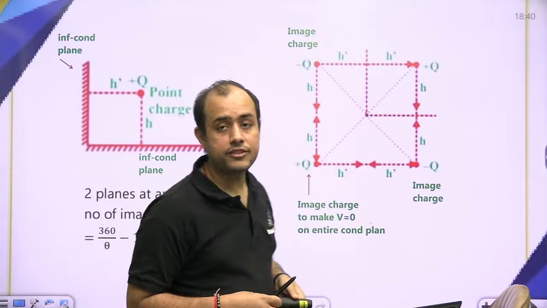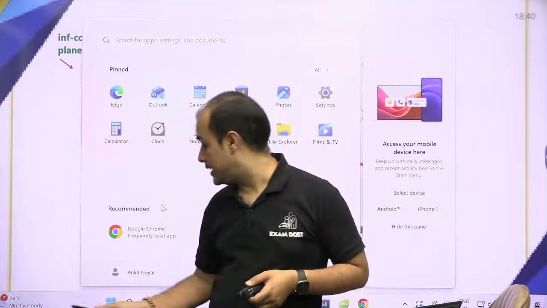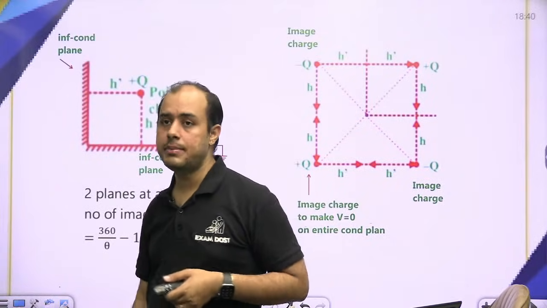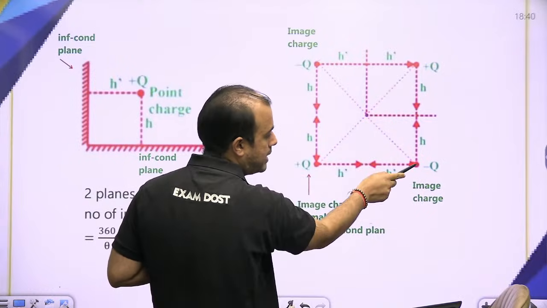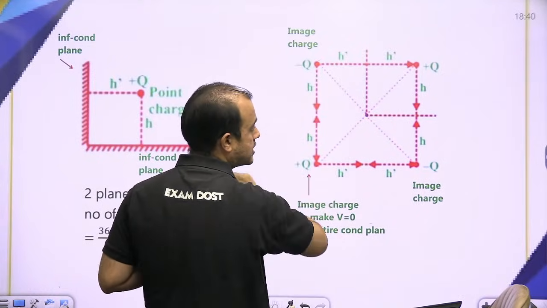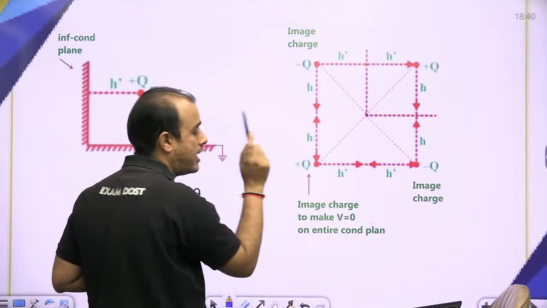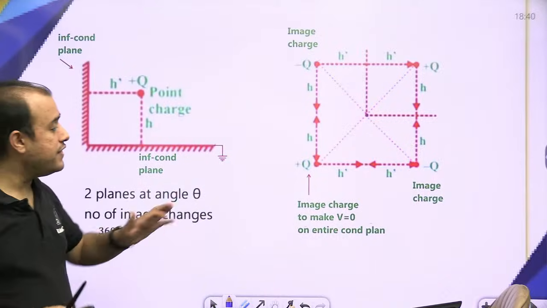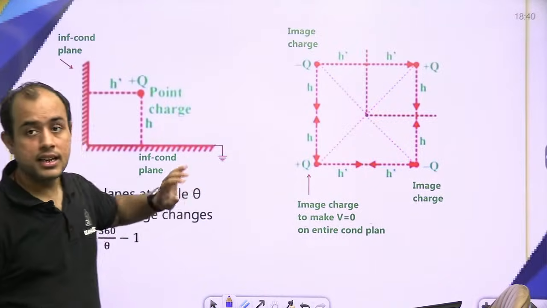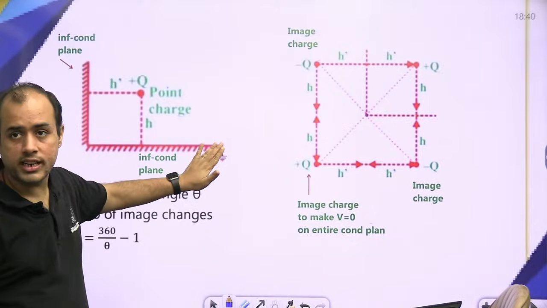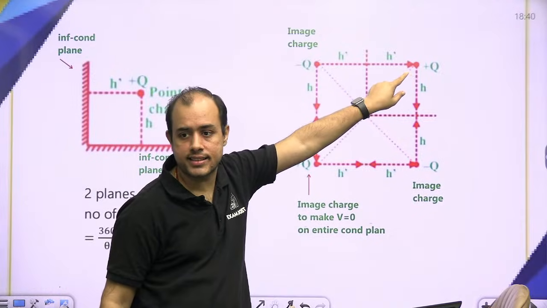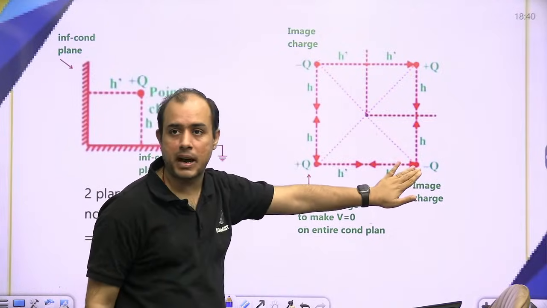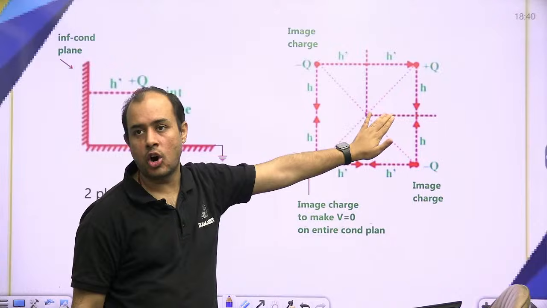Okay. But if there are two planes at 90 degrees to each other, then beta, we have to take 3 image charges. Plus q का mirror image minus q, plus q का minus q, then diagonally you have to take plus q. Why have we taken this additional charge? Because this surface is grounded. It has 0 potential. If I take one charge as q and 2 charges as minus q, the potential will not be 0.